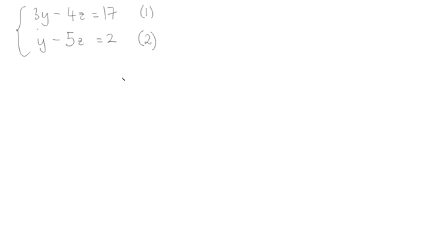Now, it's easiest for me to solve for y in the second equation because I only have to move the minus 5z to the right hand side. And by the way, we're asked to solve this exactly. That often means you're not allowed to use your calculator, so probably going to end up having an answer in fractions.